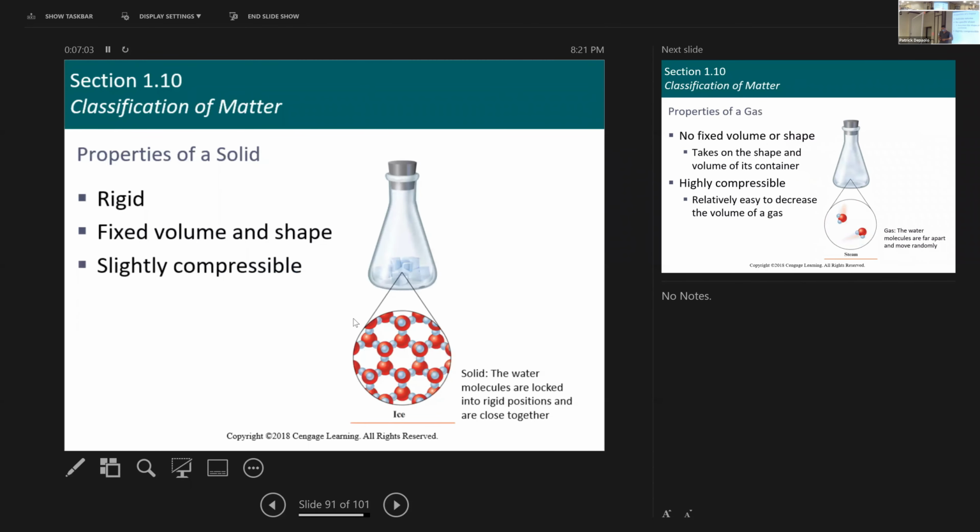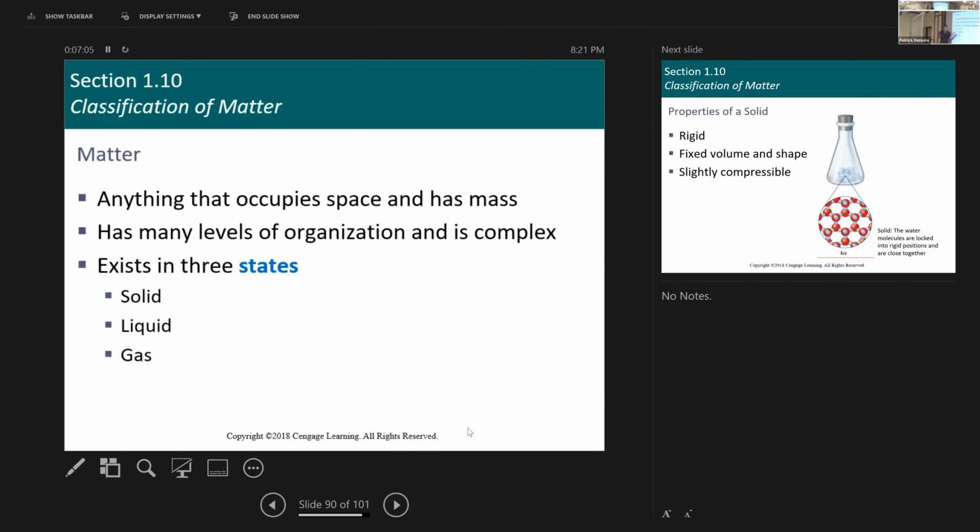Okay, all right, so there are three states of matter: solid, liquid, and gas, which we all know. Now, something I will say that maybe you don't think of in this way is that going from solid to liquid to gas is by increasing degrees of molecular freedom and increasing energy.